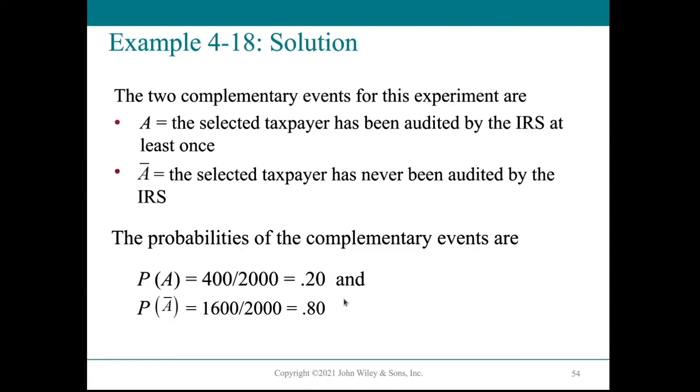So 2,000 minus 400 is 1,600, and 1,600 divided by 2,000 is the probability of the A complement. Or you can just get 1 minus 0.20. You get 0.80, because it's all other outcomes aside from A.